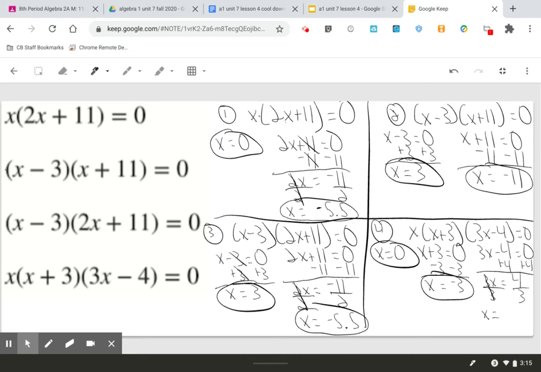If you do use a calculator, 4 divided by 3 is 1.3 repeating. So I'm just going to round it to 1.3. If you want, you could put the little bar over it. That means 1.3 repeating, but you don't have to. You can just leave it as 1.3.